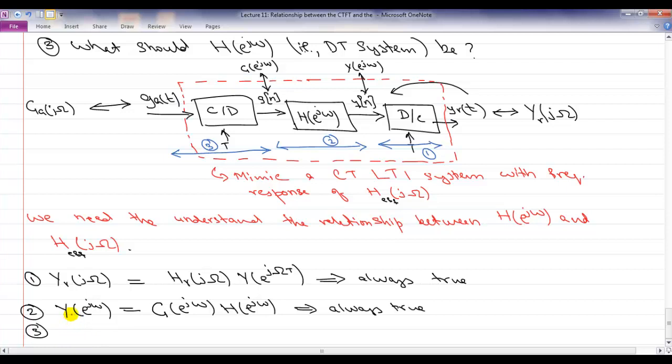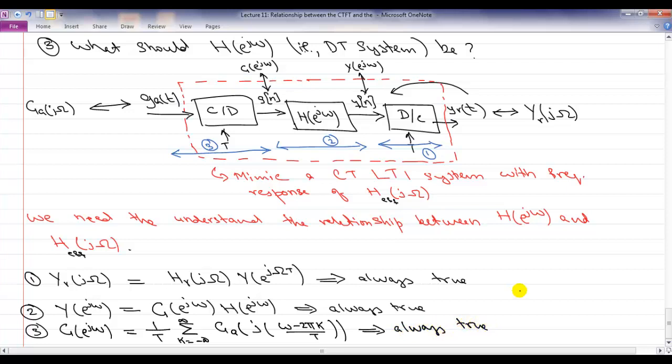Again, we just went through it earlier. That is, G of e to the j omega is 1 over T, summation k from minus infinity to infinity, G_a of j omega minus 2 pi k over capital T. And again, this is always true also.